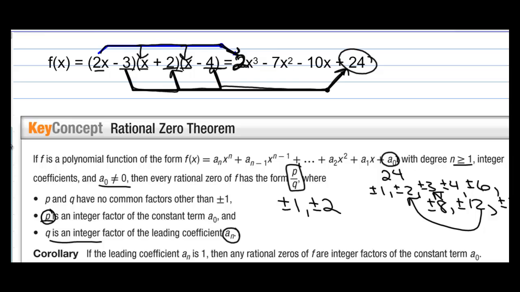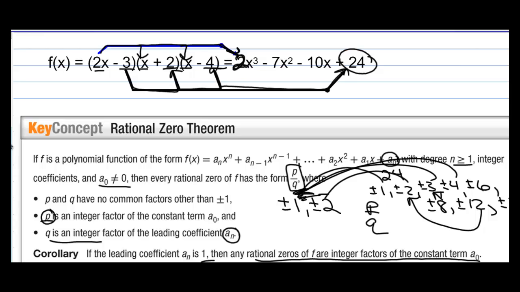Corollary. If the leading coefficient a sub n is 1, then any rational zero of f are integer factors of the constant term a sub 0. Now the way that we list all of the possible rational zeros is we do the p over q, where we list 1 over 1, 2 over 1, 3 over 1, 4 over 1, and so on.